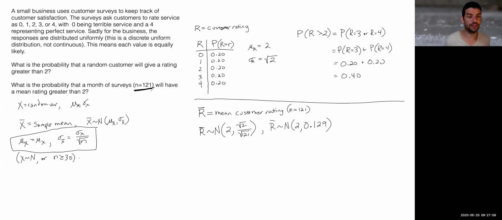Okay, so let's now answer the question. The question is, what is the probability that a month of surveys will have a mean rating greater than 2? And my probability here is going to be the same thing except I've got r bar greater than 2. And for this one, since now I'm dealing with a normal distribution, I'm going to use a calculator again.